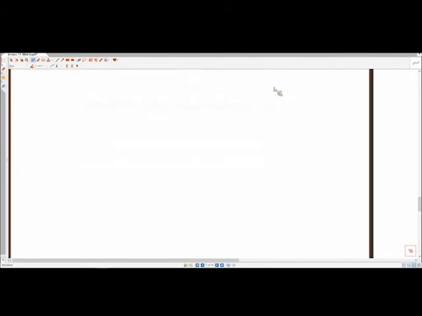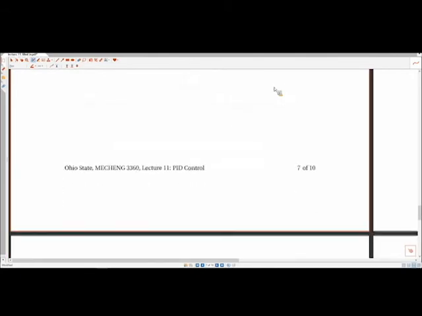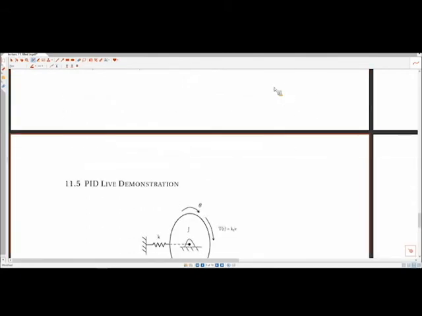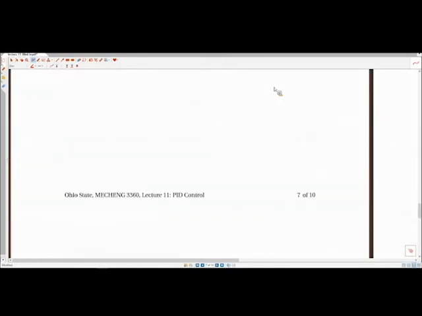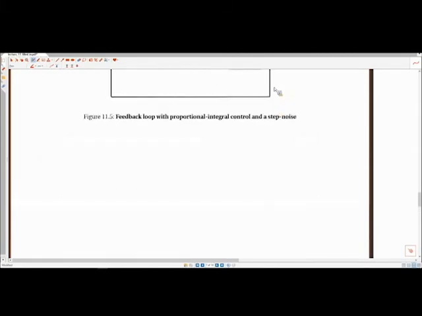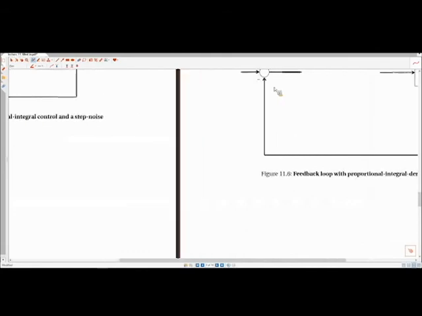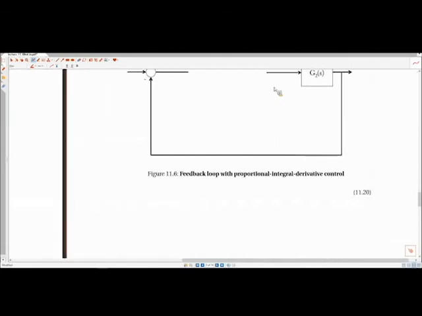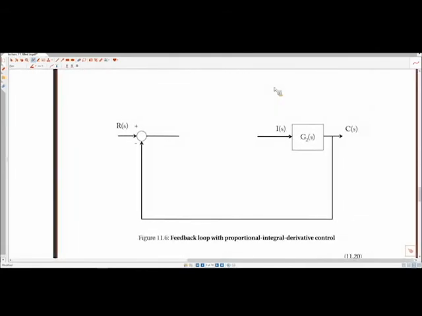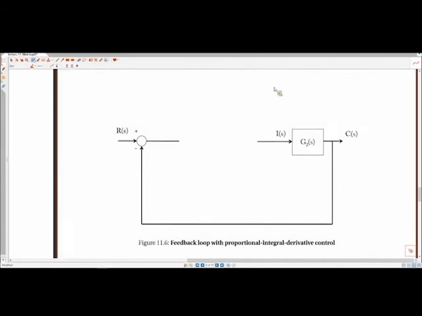All right, and then proportional integral derivative. So as you can imagine, this is just all three of them.